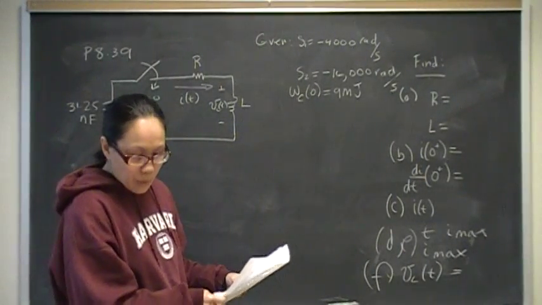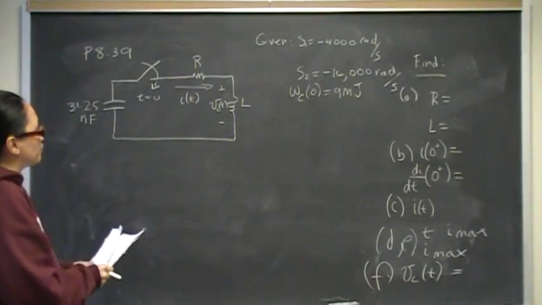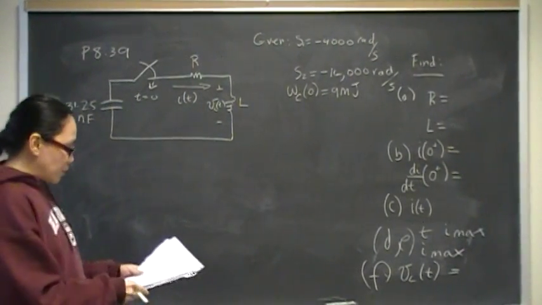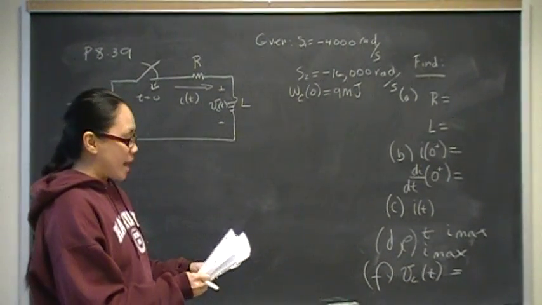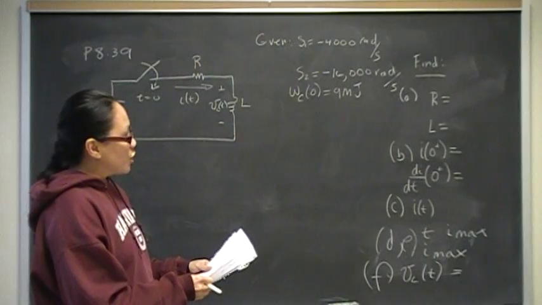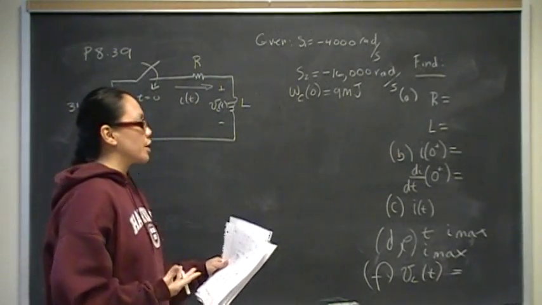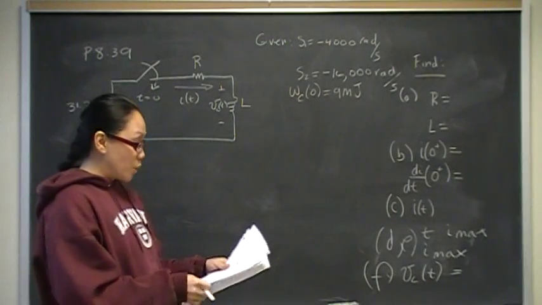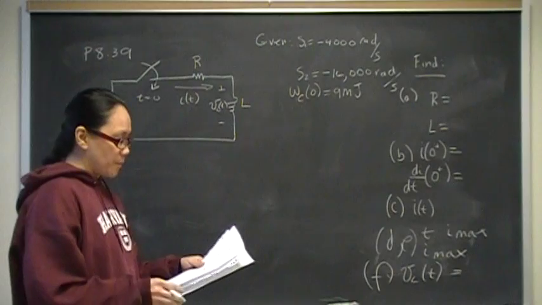Part C, we want to find the general equation for the current. To do that, first take a look at alpha and omega naught that you found in part A. Once you know that, you should know whether the response is critically damped, overdamped, or underdamped. That will drive your set of equations, so you know which equations to use.